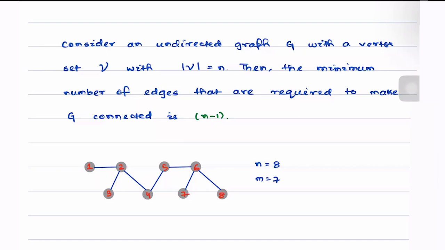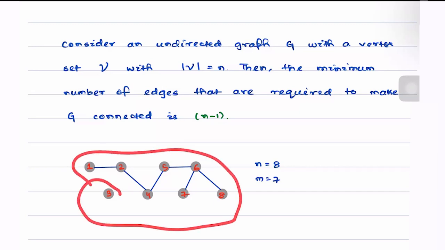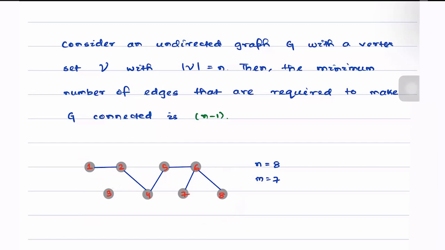Let us try deleting any one of the edges. Say this. If we delete it, we see that the network now has become disconnected, meaning we definitely need to have 7 edges so that the undirected graph with number of vertices being equal to 8 remains a connected graph.